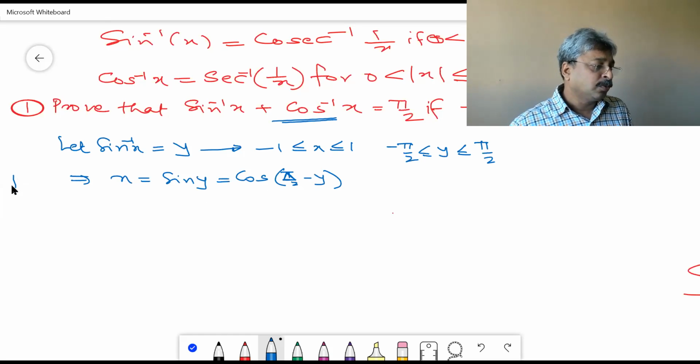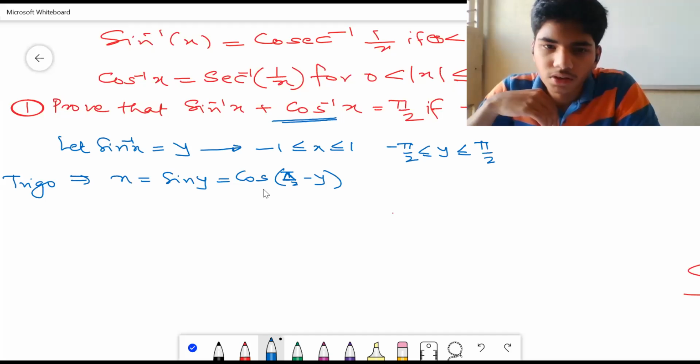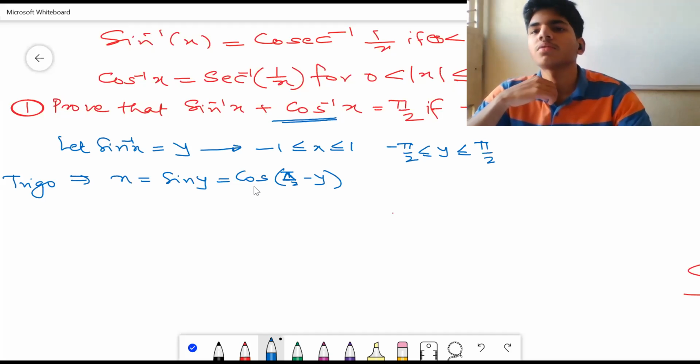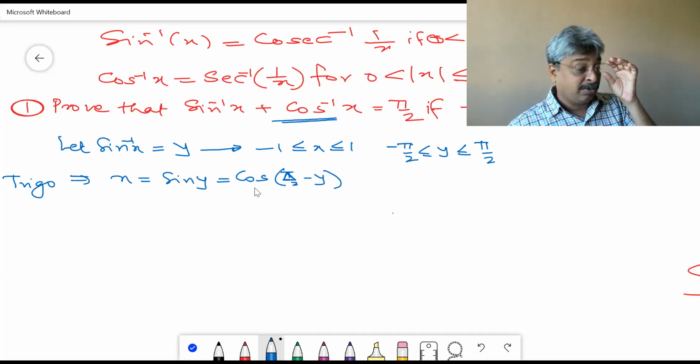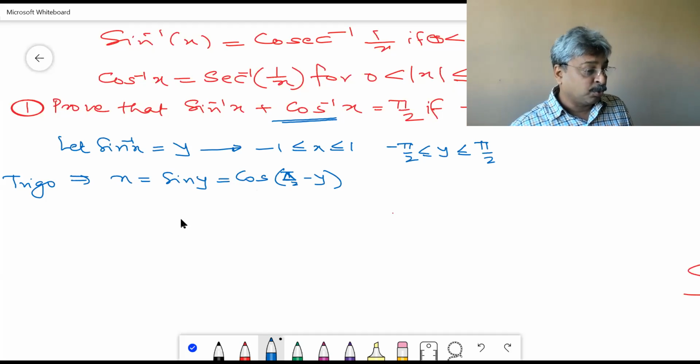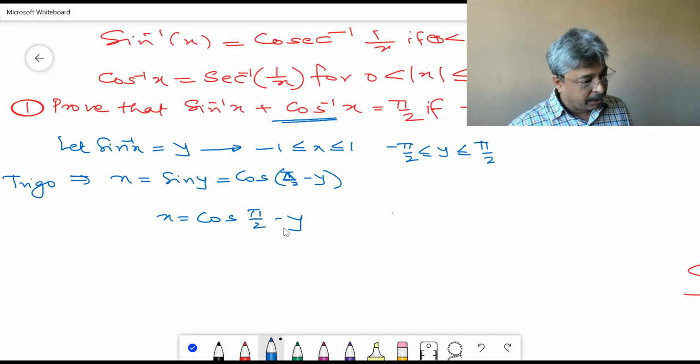This is trigonometry. Now, if I wish to take cos inverse, am I in the required zone? That is what I have to check, because now I am supposed to take x is equal to cos of pi by 2 minus y.